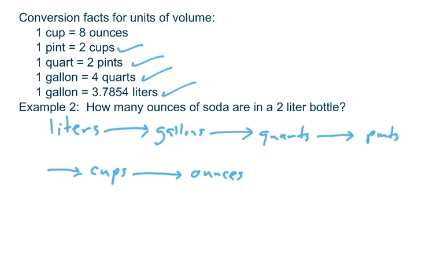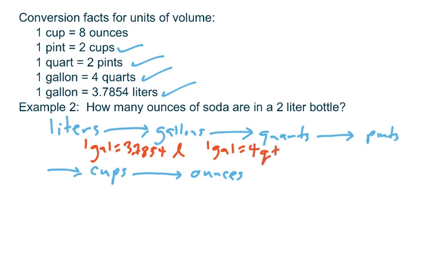So the facts that we're using are that 1 gallon, G-A-L, equals 3.7854 liters. L for liters, and I'm going to make that cursive just so it doesn't look like the number 1. 1 gallon equals 4 quarts, Q-T.